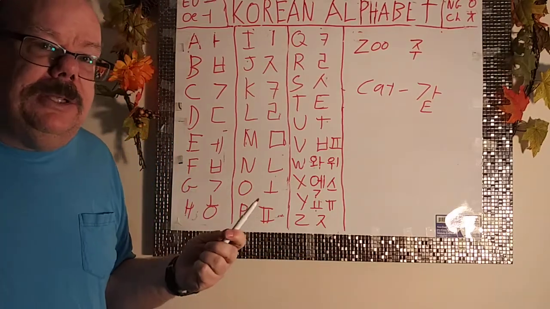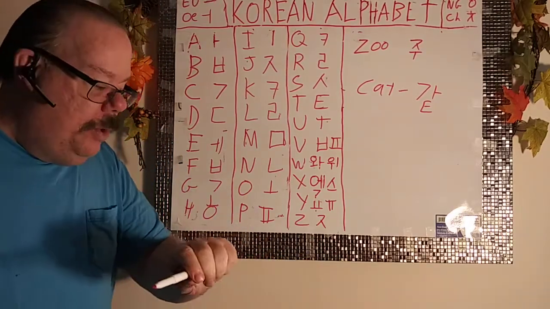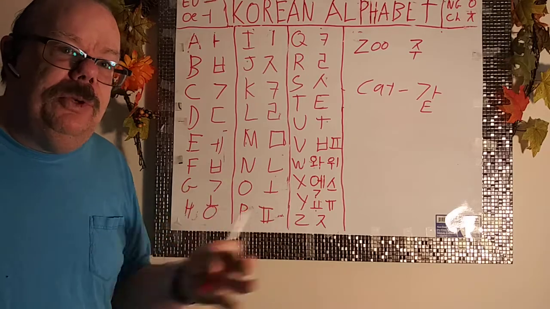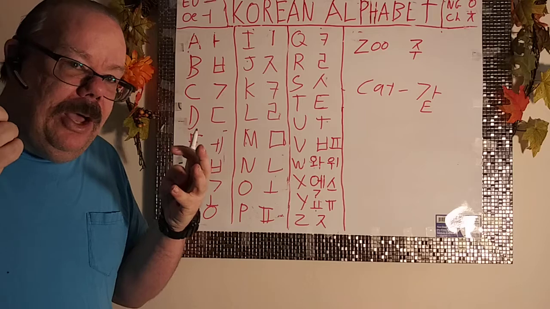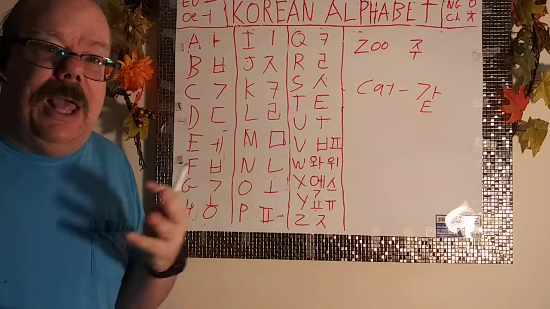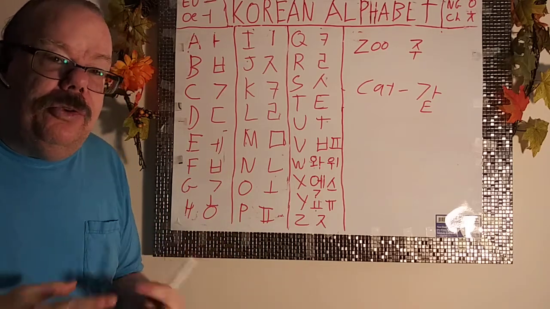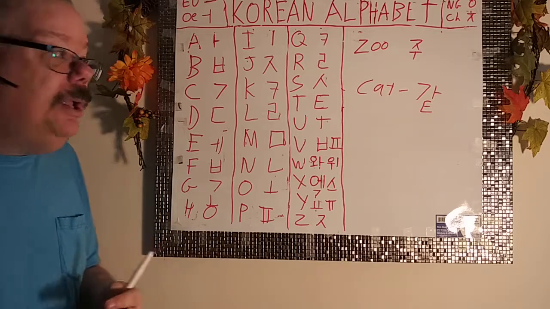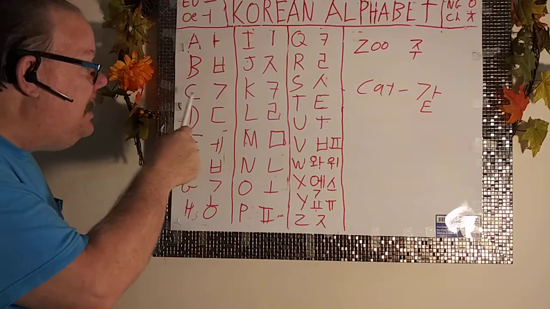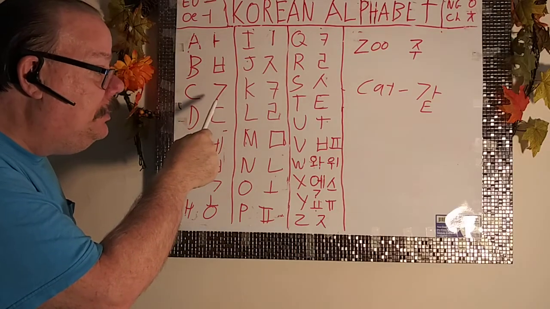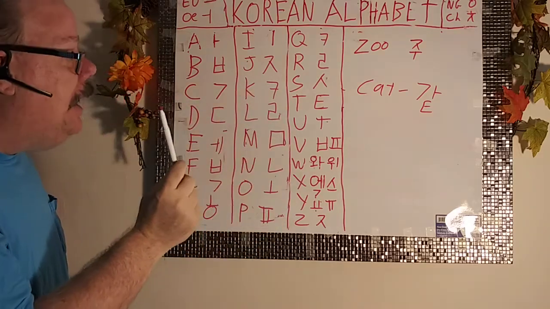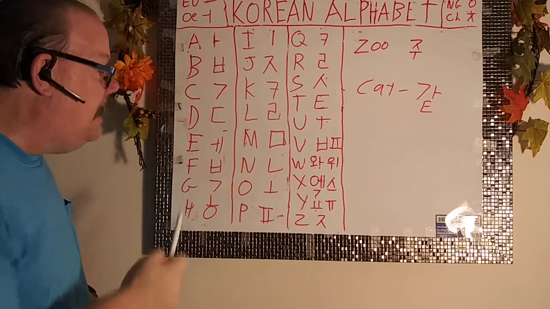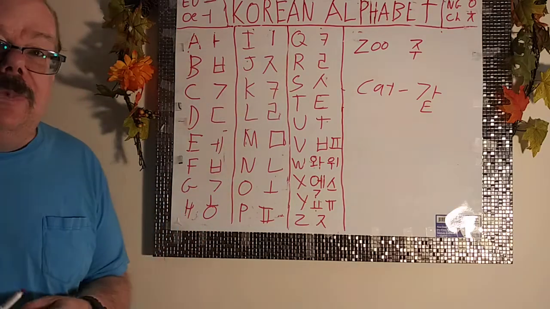My point is, if you learn how to put two languages together, you use association, it helps you. Notice that the C looks like a 7, and the K looks like a 7. And when we use the Q, it looks like a 7, and the G.